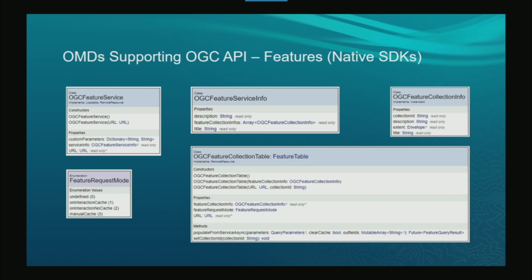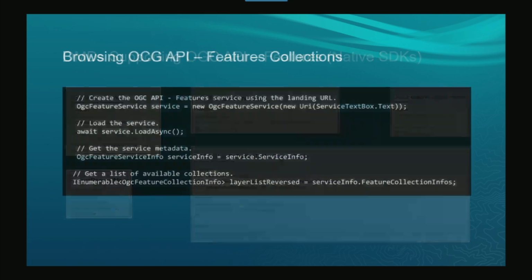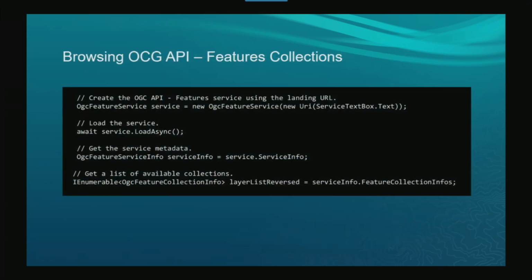This is our API. We have OGC features new classes: OGC feature service info, collection info, feature table. That's it. All these classes allow you to interact with any OGC feature service. Let's start by browsing, or if you have a landing page or an endpoint, you want to know what are the collections that are available there.